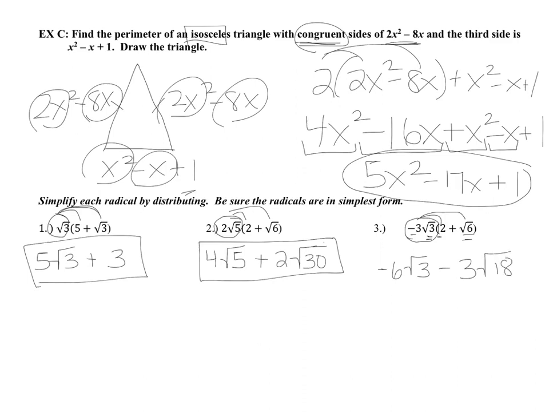But now the square root of 18 is not in simplest form because remember, that can get broken up into the square root of 9 times the square root of 2. And the square root of 9 is 3, so that makes this 9 square root of 2. So I had to simplify that. So this final answer would be negative 6 square root of 3 minus 9 square root of 2. And that is all for today.